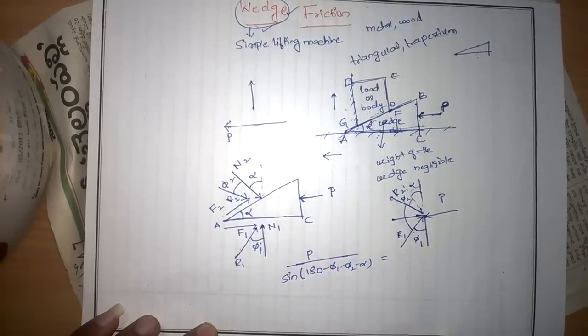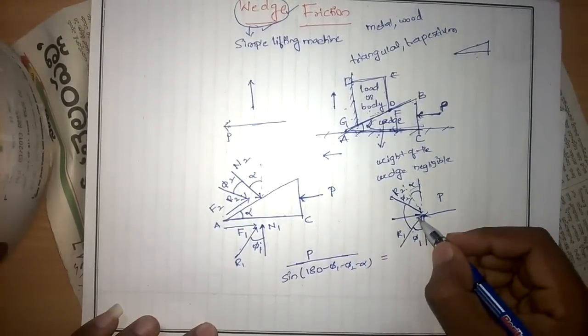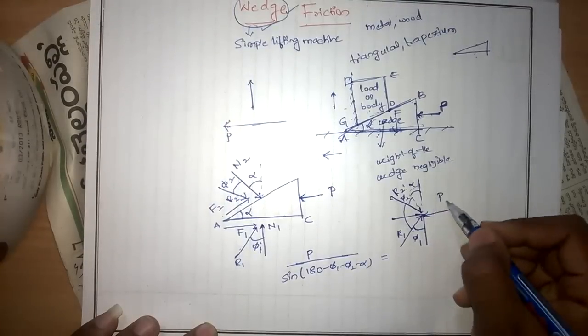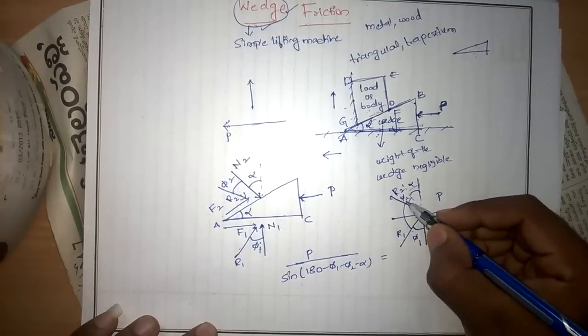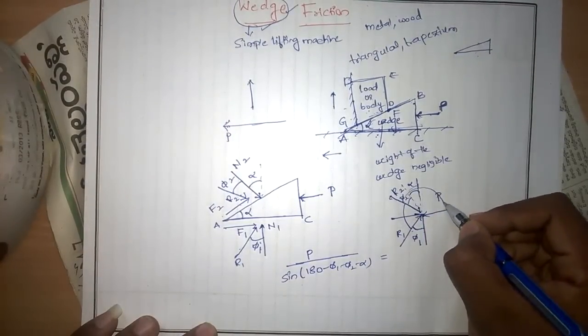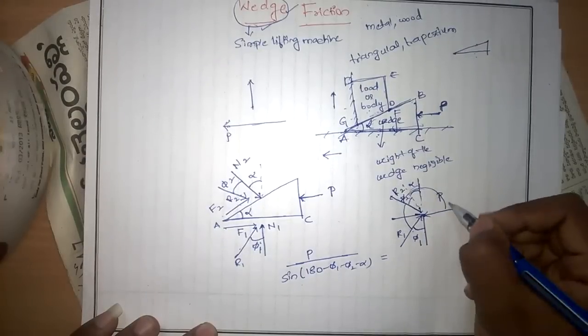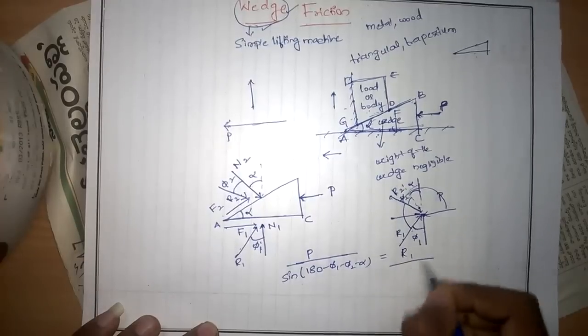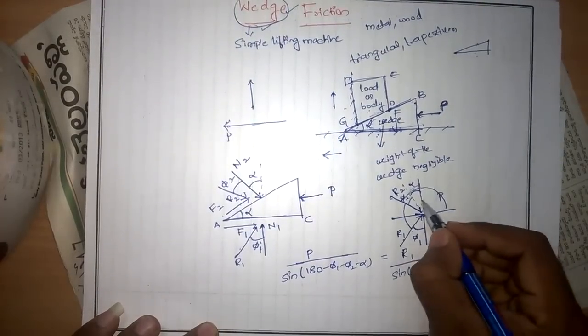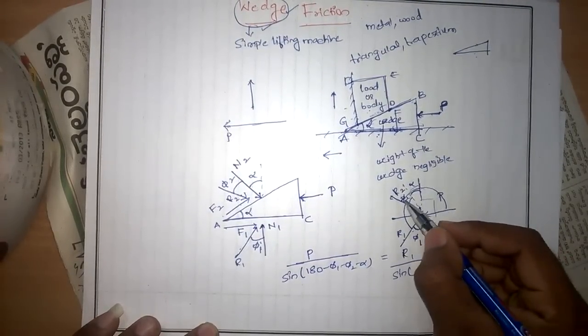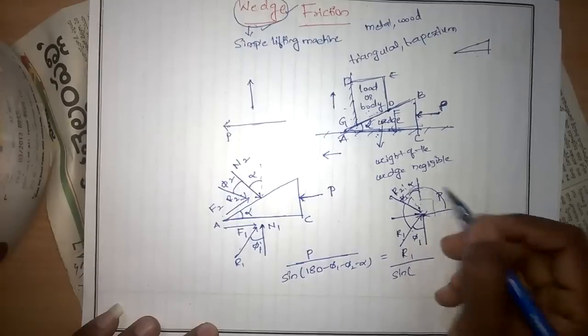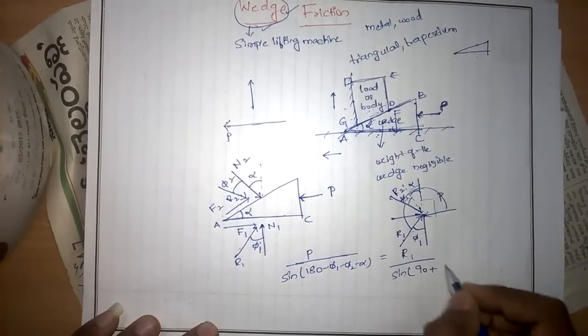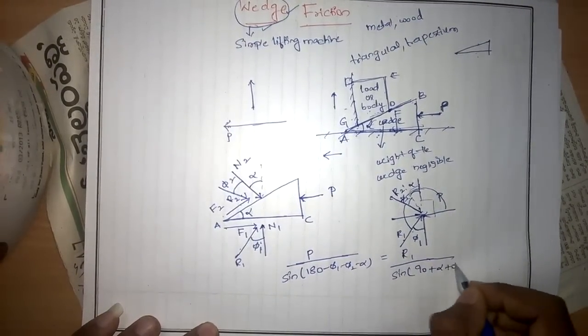And the other force acting is R1. R1 by sine of the angle between the other two forces, which is opposite these two forces. Already this angle is 90 degrees, so R1 by sine of 90 plus alpha plus phi 2.